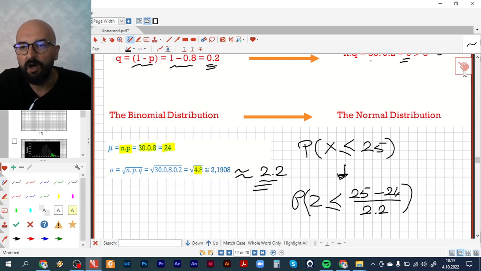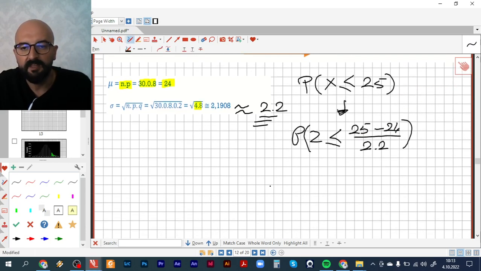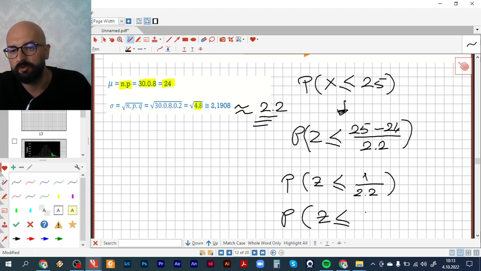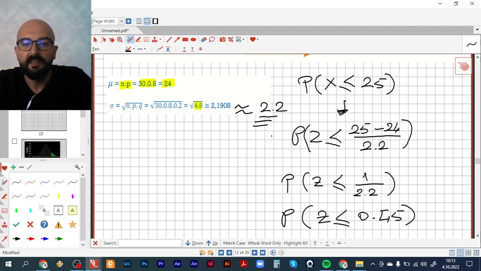Our probability is z less than or equal to 1 over 2.2, which is approximately 0.45.